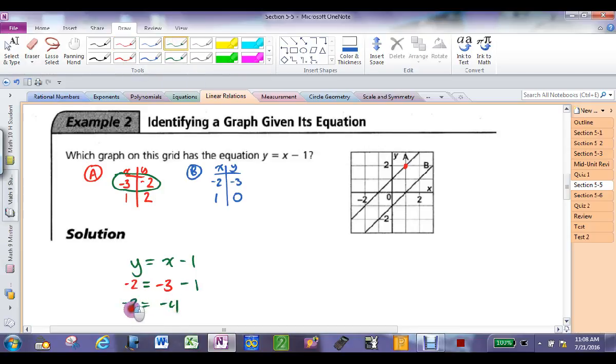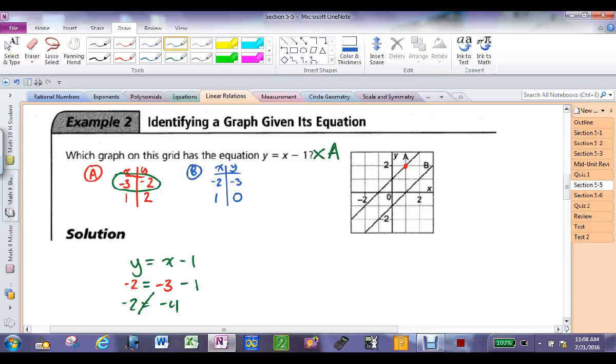And this side is -2. Does -2 equal -4? Of course not. So if this point is not on the line, is this point going to be on the line? No. So line A, this guy, cannot be line A. Which means he has to be line B, doesn't he?